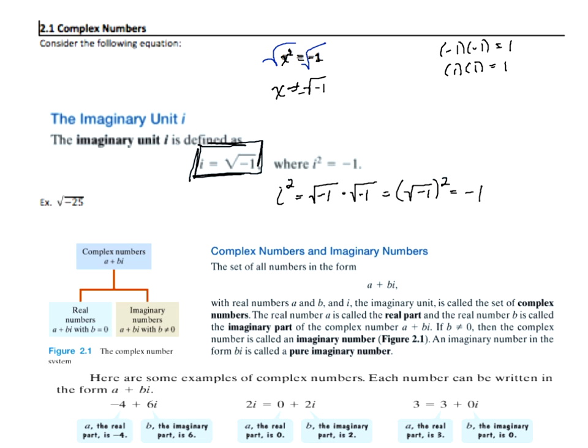So the example here of using i to simplify the square root is we have to go back to our product rule for roots, which says the square root of a product with distinct factors, so two different factors. These are not distinct factors. Those are the same factors, so it follows a different rule here.